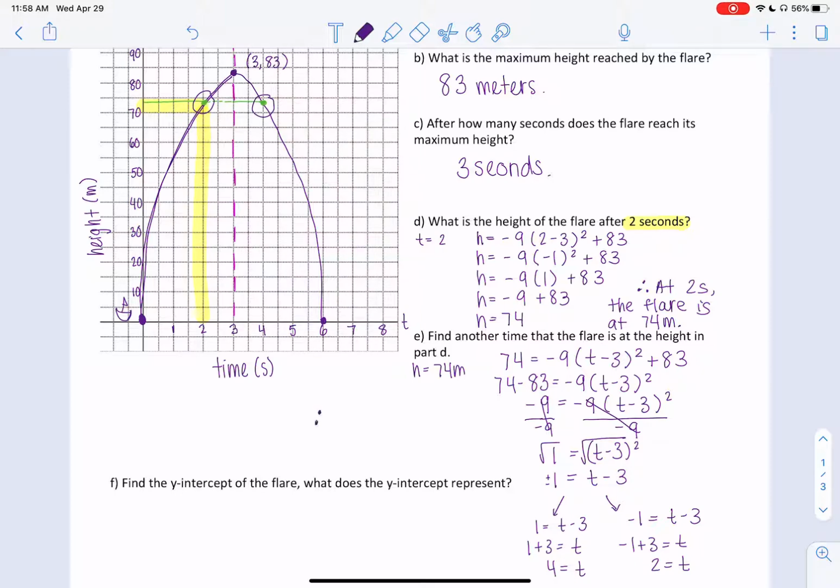So we can say, therefore, the flare is at 74 meters at 2 seconds and at 4 seconds. And this also makes sense because of the fact that my parabola is symmetrical. So that is another way we can do it as well without doing this complicated algebra.